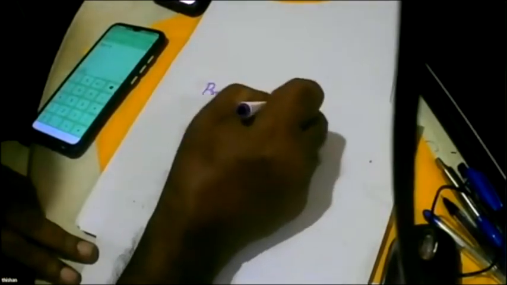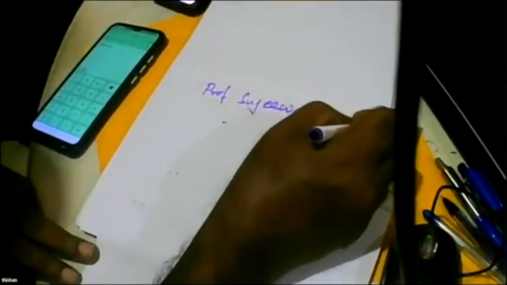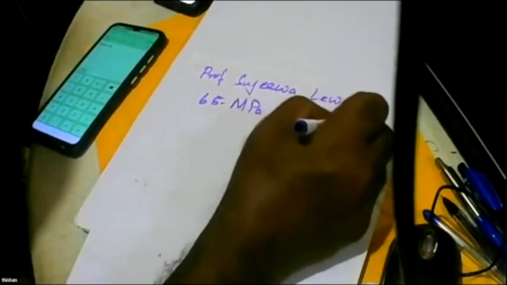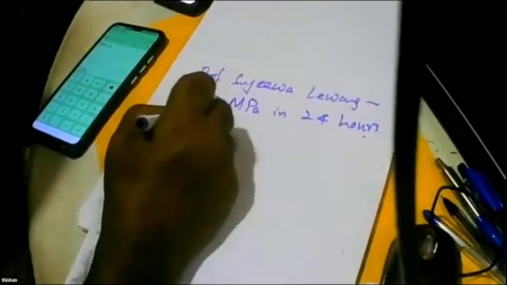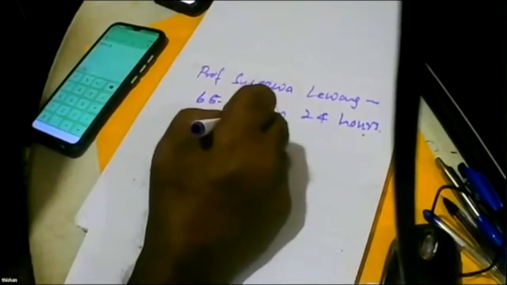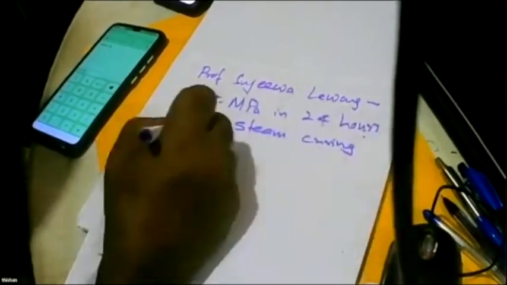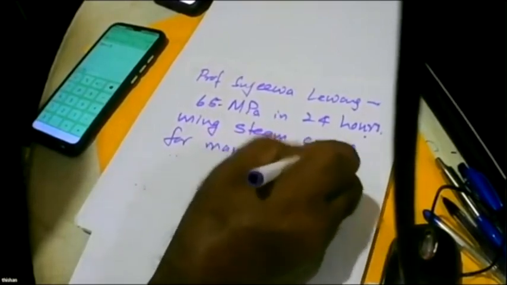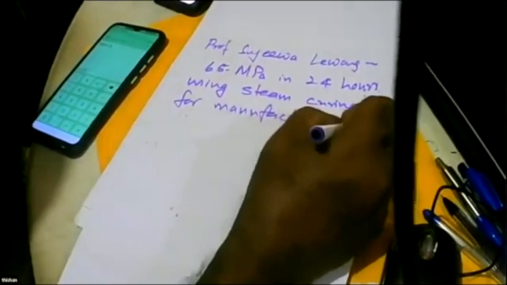So one day, Professor Sujiva Levangamagi asked me, there's a company needing 65 megapascal in 24 hours using steam curing for manufacturing round poles.